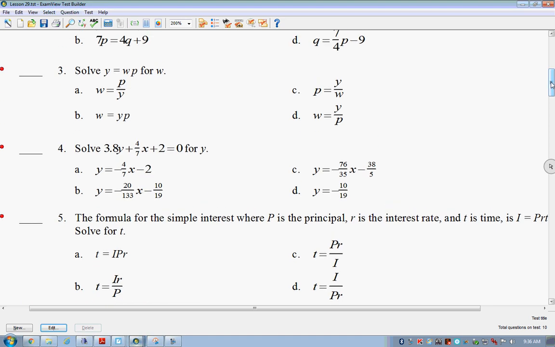All right, Jeremy. We got y equals WP. We want to solve this for W. So what do I have to do first? Okay, well, if I want to solve for W, let's first find out where it is.